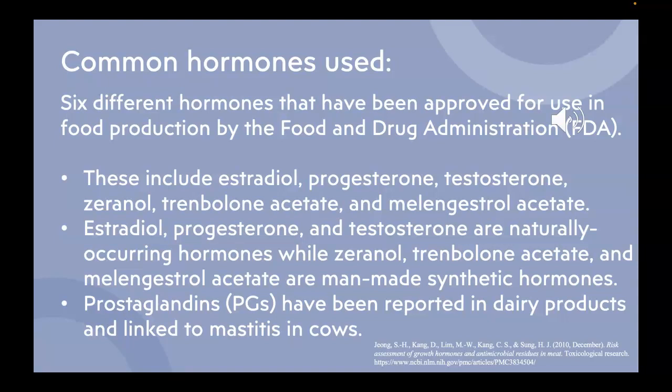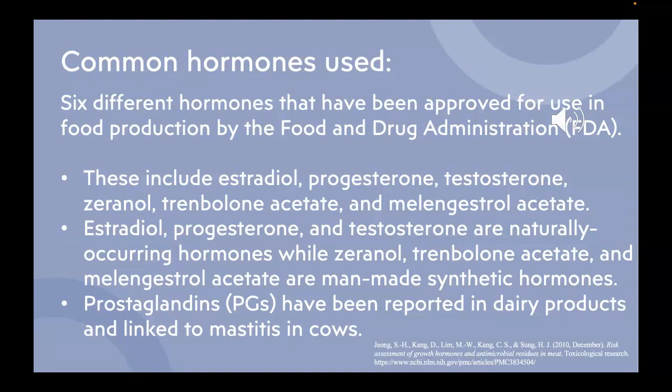The naturally occurring hormones are estradiol, progesterone, and testosterone, while zeranol, trenbolone acetate, and melengestrol acetate are actually man-made synthetic hormones. And although estradiol, progesterone, and testosterone are naturally occurring, they still have just as bad effects as the man-made synthetic hormones.